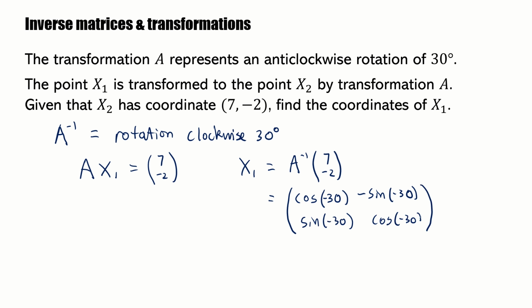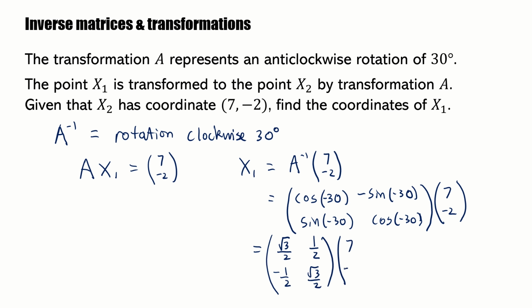And we're going to apply that to the point 7, -2. So therefore, carrying that out, cos of -30 conveniently is root 3 over 2. Sine of -30 times -1 is positive a half. We've got a minus a half, root 3 over 2 again.